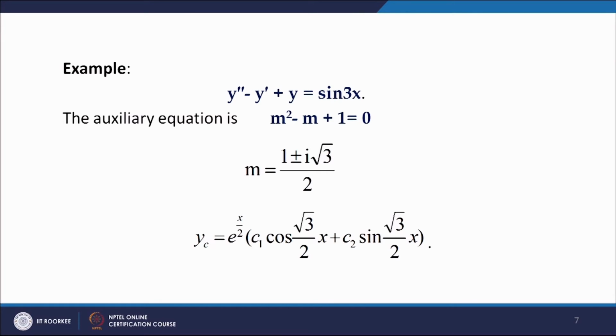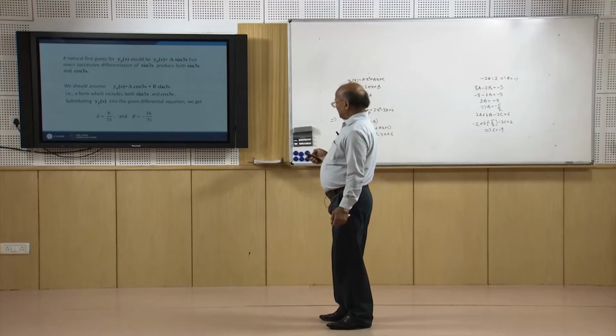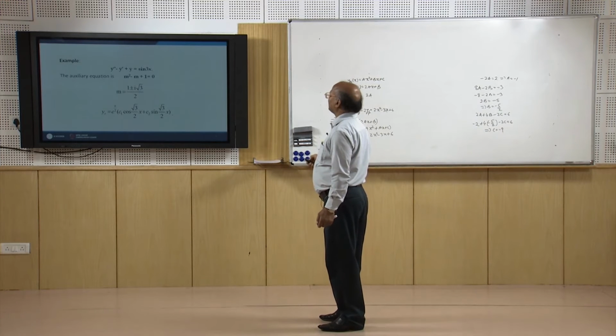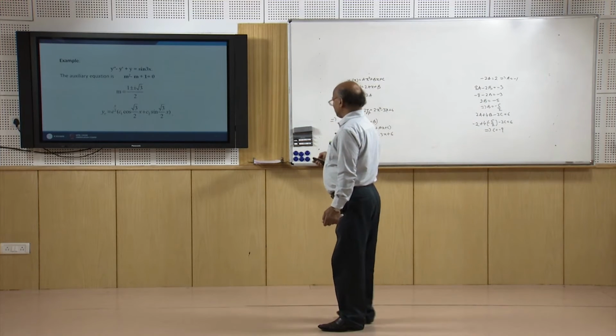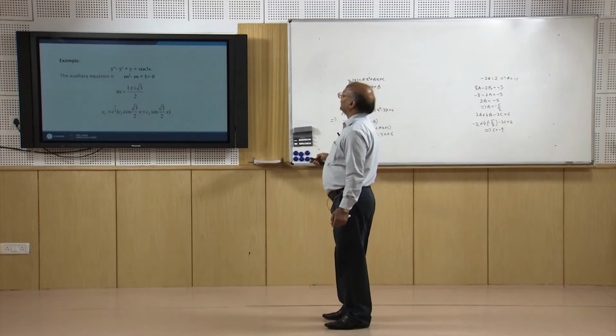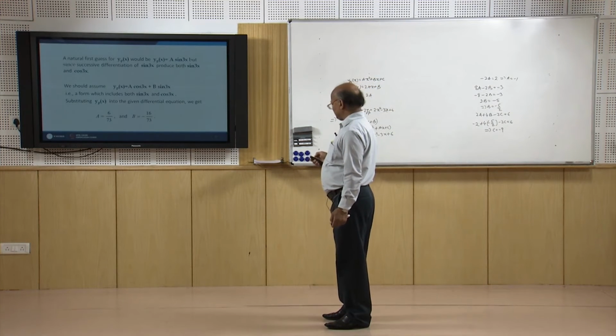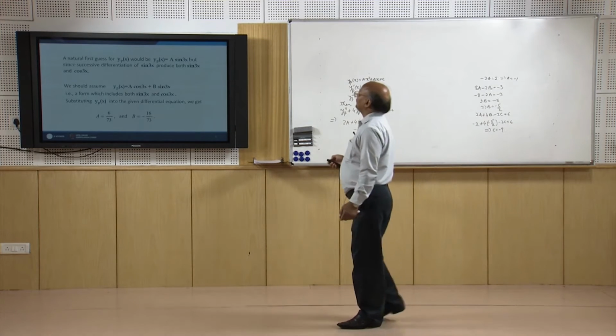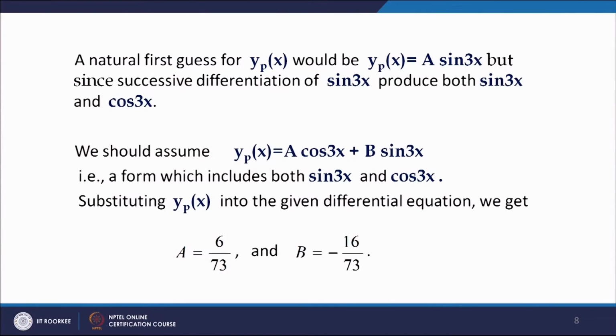Now, let us make a guess for y_p(x). So, the natural guess, when you look at the form of R(x), R(x) is equal to sin 3x, would be that we write a times sin 3x. But then when you differentiate sin 3x, it produces 3 times cos 3x, and then when you differentiate it again, you get sin 3x.